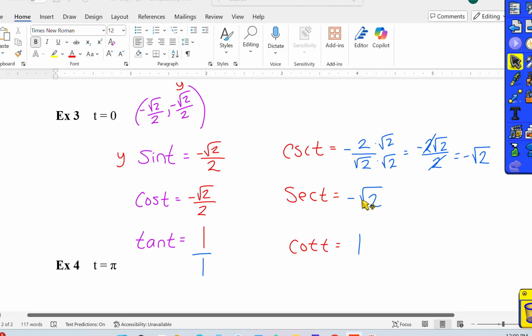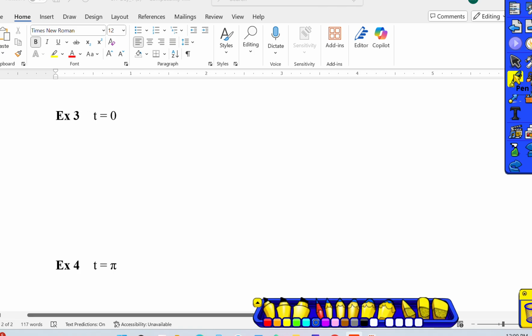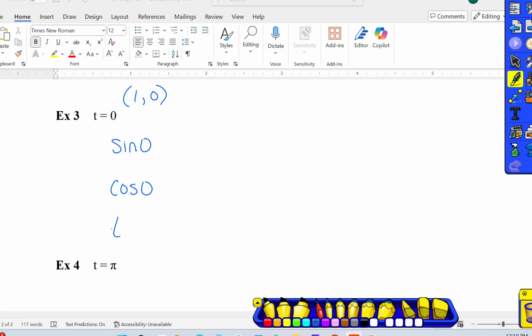Okay, let's try 0. So we know where 0 is. Over on the right, I know the coordinate points of 0 are 1, 0. Okay, so let's make the list. Sine, cosine, and tangent.